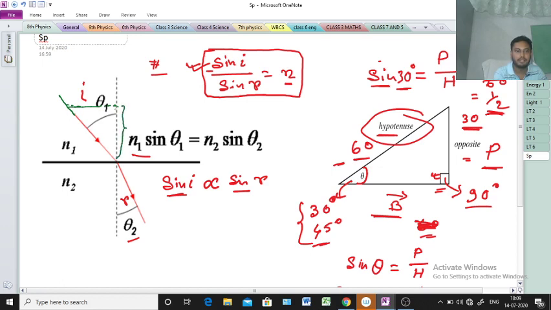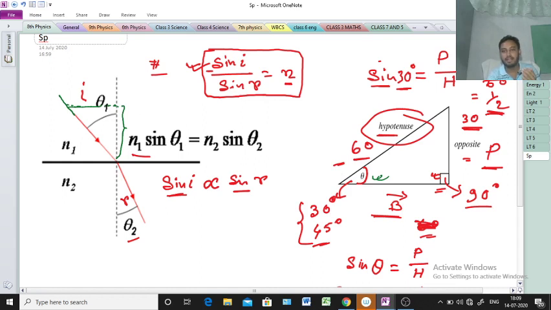Here is theta 1 or I, whatever, but the basic thing is totally the same.